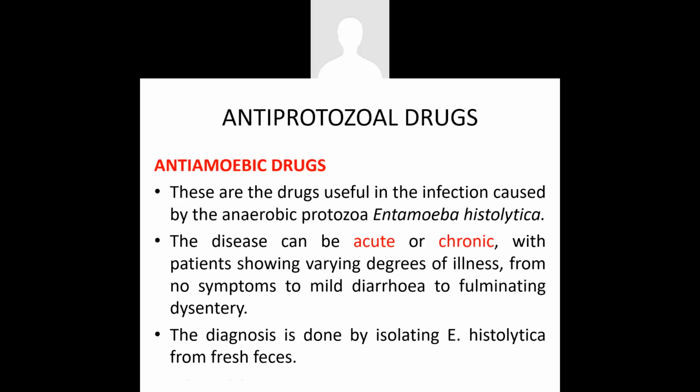Also, the infection shows different degrees of illness from no symptoms to mild diarrhea to fulminant and severe dysentery. The diagnosis is done by isolation of the Entamoeba histolytica from fresh stool.